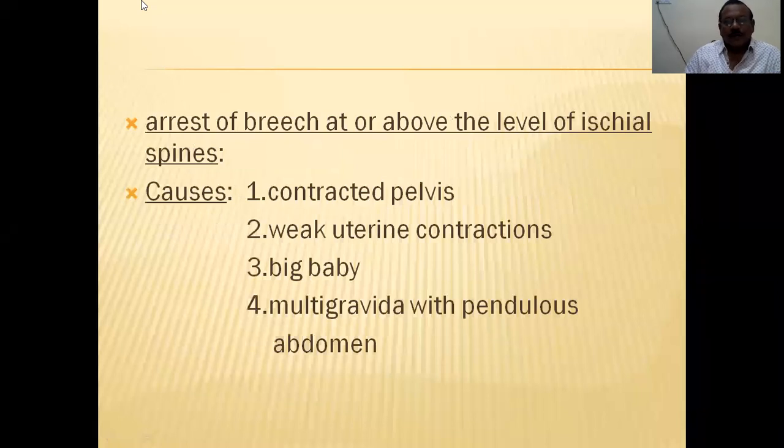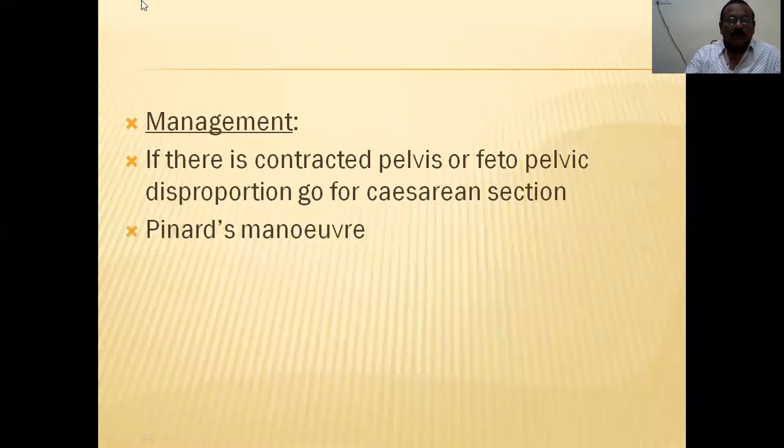Arrest of the breech at or above the level of the ischial spine is most probably due to contracted pelvis, weak uterine contractions, a big baby, or a multigravida with pendulous abdomen. To manage it, if there is a contracted pelvis or feto-pelvic disproportion, go for cesarean.